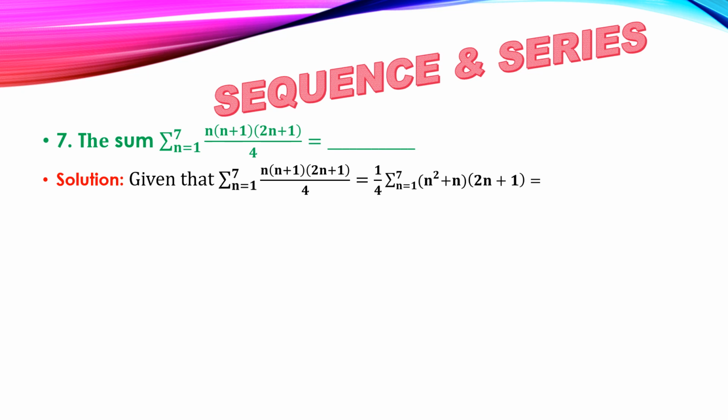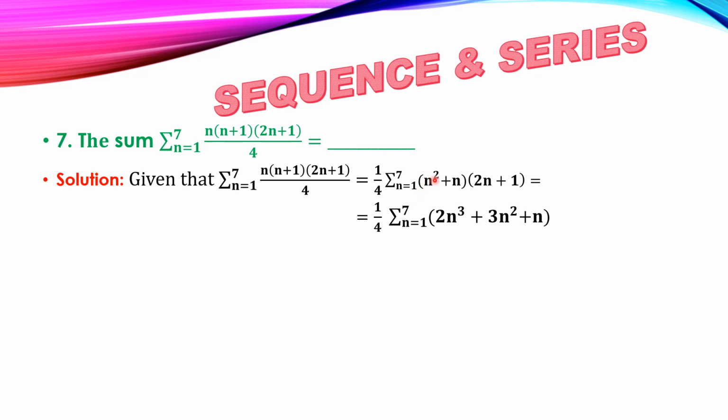That equals 1 by 4 into summation n equals 1 to 7. Here multiply n with (n plus 1), that is n square plus n, into (2n plus 1), that equals 1 by 4 into summation n equals 1 to 7.